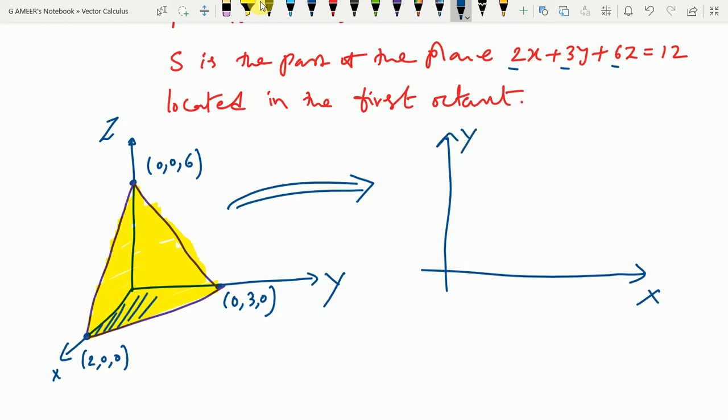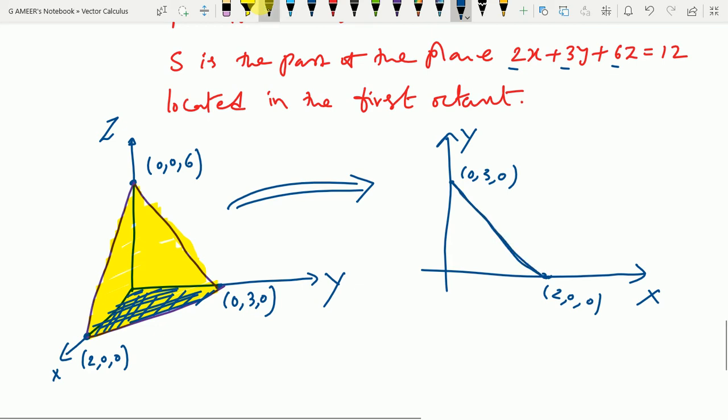This is the projection on the xy plane. So that can be drawn here like this. On y it is 0, 3, 0. On x it is 2, 0, 0. You don't need to add the z coordinate here, since the z coordinate will be 0 anyway. So this is the straight line, and we need to evaluate this area now.